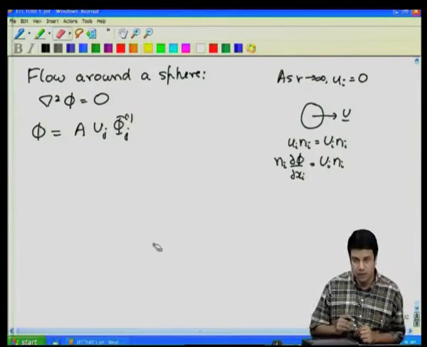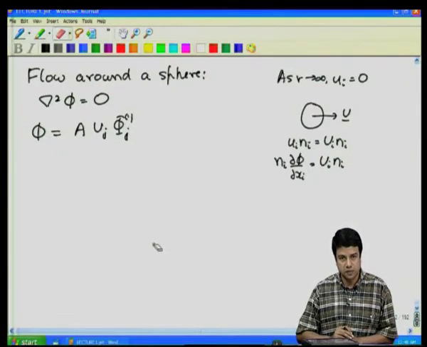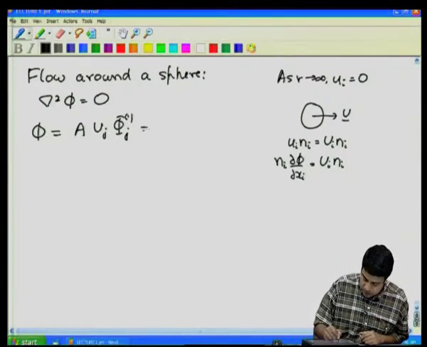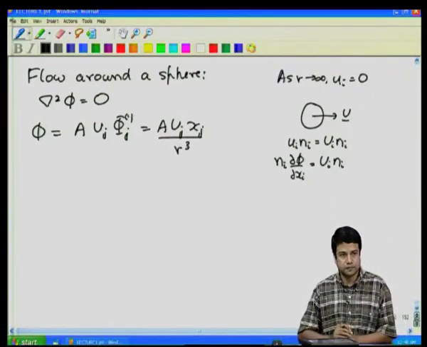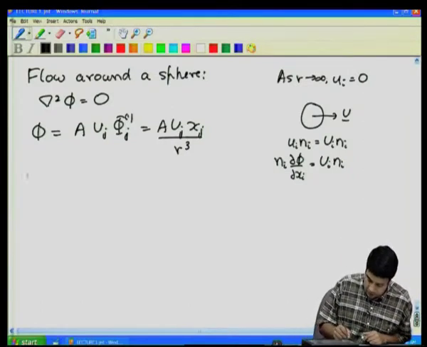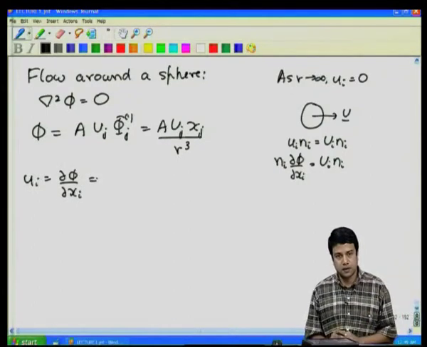There is an undetermined constant here, a, which has to be determined from the boundary condition u dot n is equal to capital U dot n. So, this solution is going to be equal to a U_j x_j by r cubed. The velocity is equal to partial phi by partial x_i. Okay.